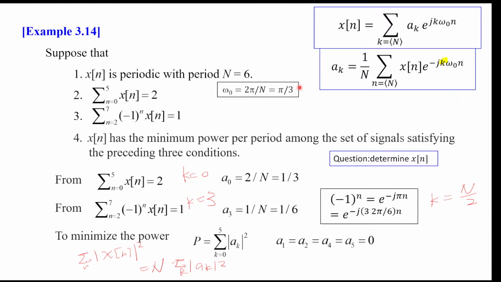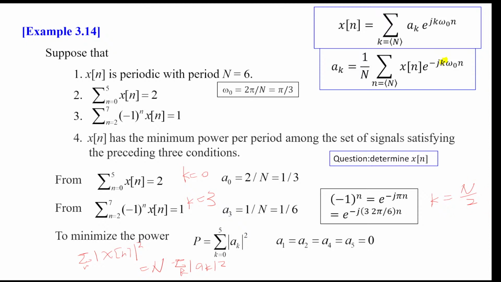Okay, so when we sum over x[n] only, this is for the lowest frequency component, k equals 0. And this (-1)^n actually corresponds to the highest frequency component, which is when k equals N over 2.